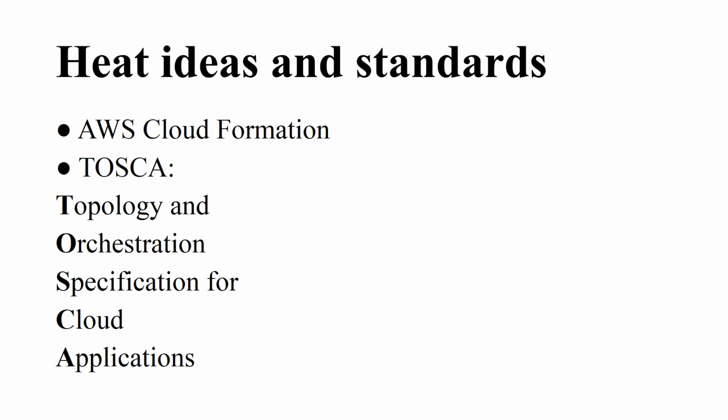Heat ideas and standards: AWS Cloud Formation, TOSCA. T stands for topology, O stands for orchestration, S stands for specification for, C stands for cloud, and A stands for applications.